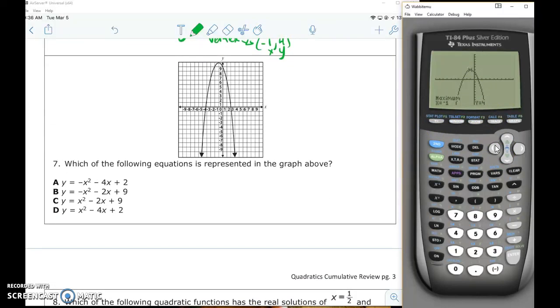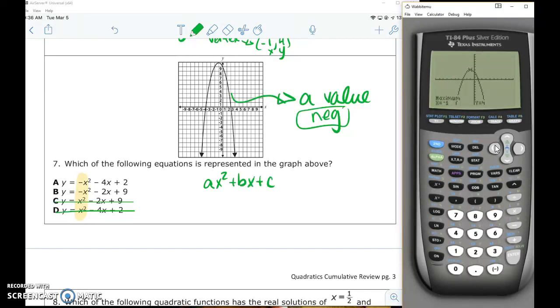Number 7, which of the following equations is represented in the graph above? Okay, this graph is going down. That tells us that the a value has to be negative. Okay, so I need the first number to be negative. That means already I can cross off C and D. These equations are in standard form, and when we are in standard form, ax squared plus bx plus c, the c value is the y-intercept.